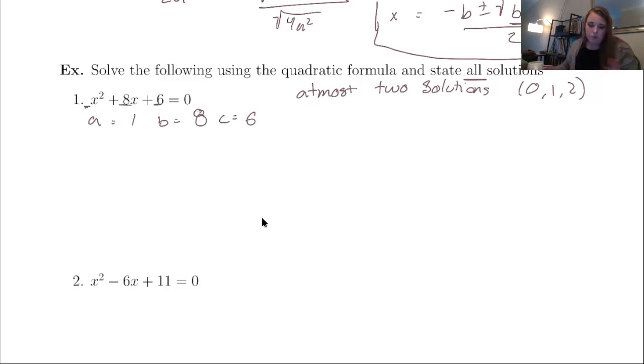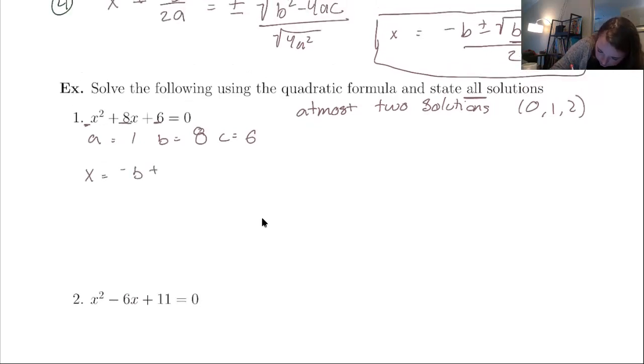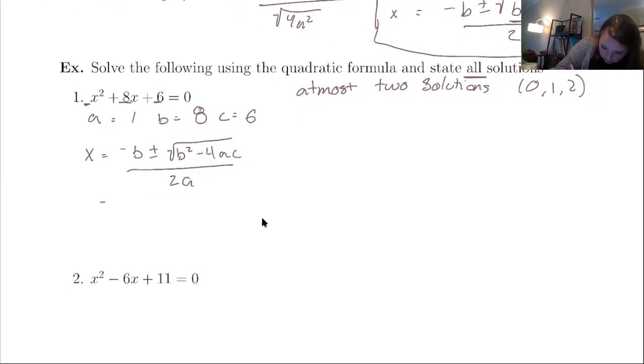All right. So that was kind of the hardest part of doing the quadratic other than just memorizing it. So let's do negative b plus or minus square root b squared minus 4ac all over 2a. And then you can write under it equal, and then I'm just going to plug and chug, right?